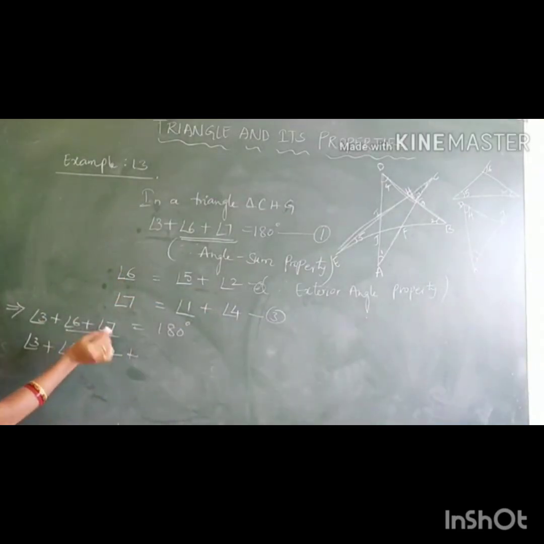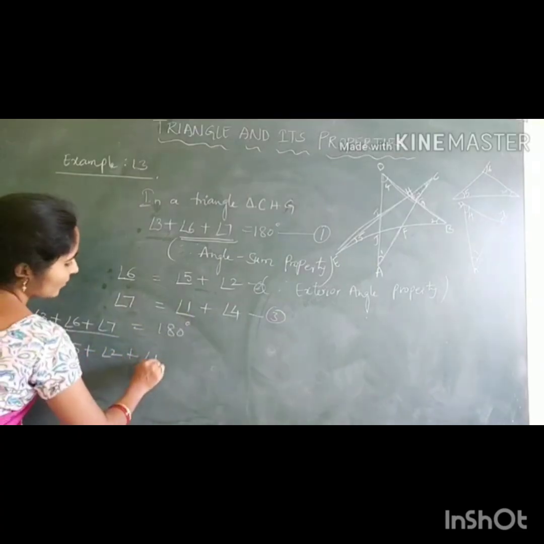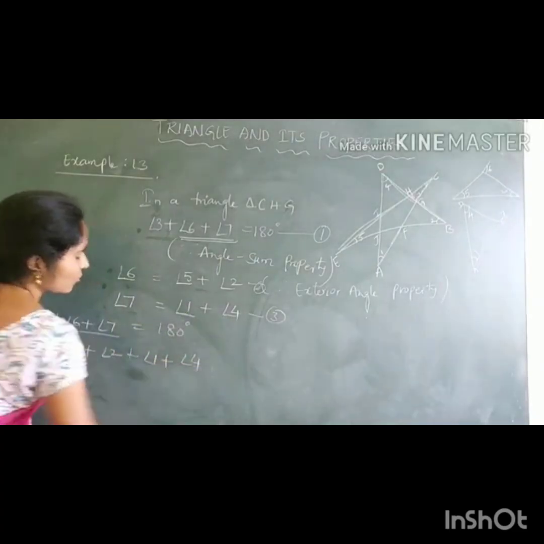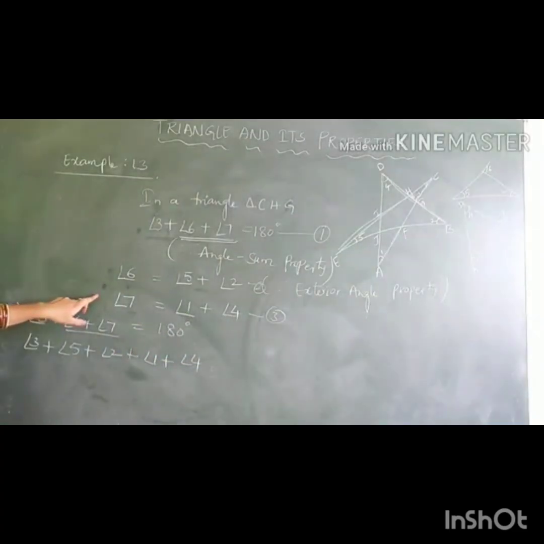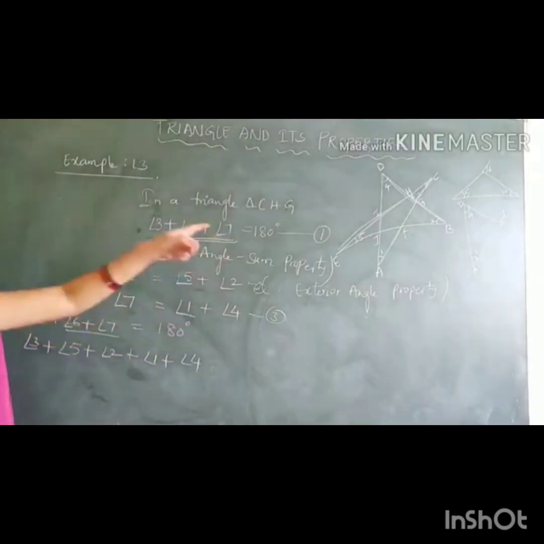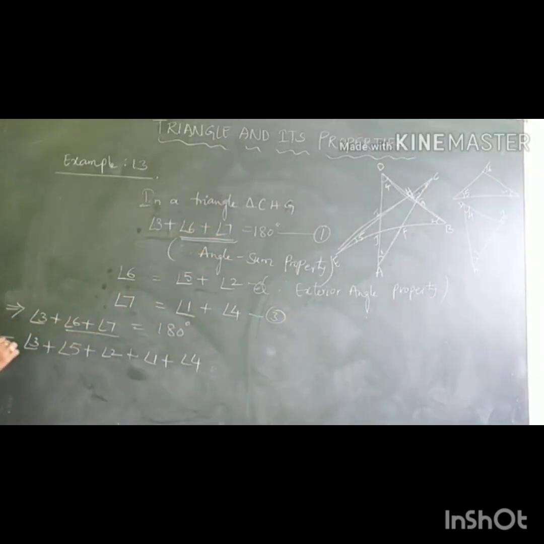And in place of angle 7, I substitute angle 1 plus angle 4, as we already discussed. So I substitute the angle 6 value and angle 7 value in the first equation.